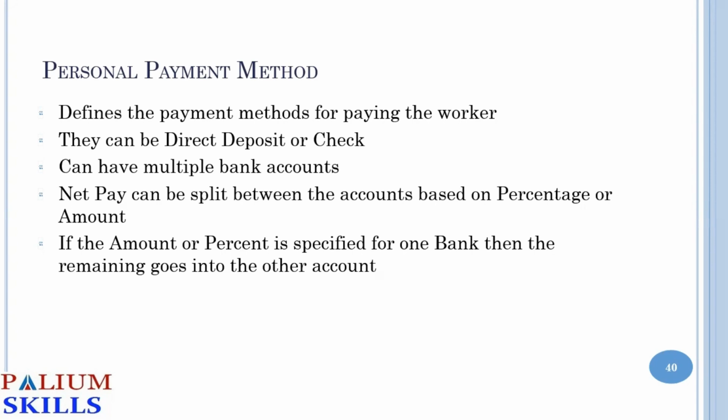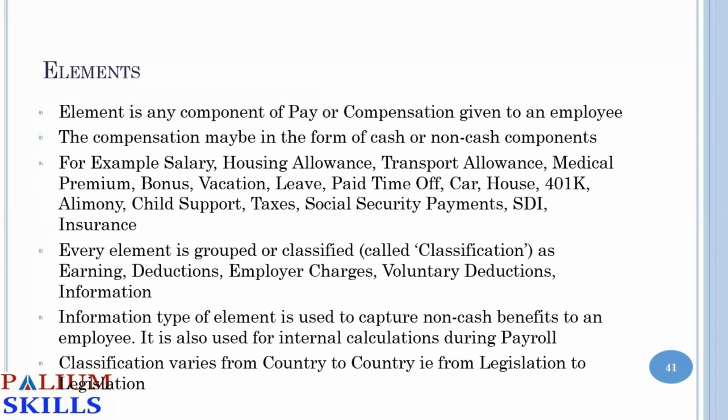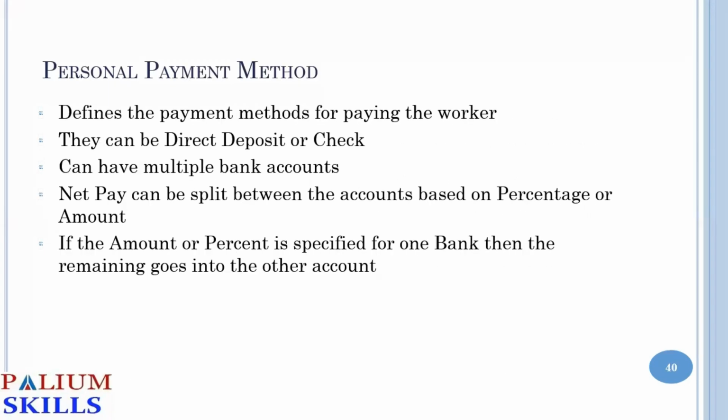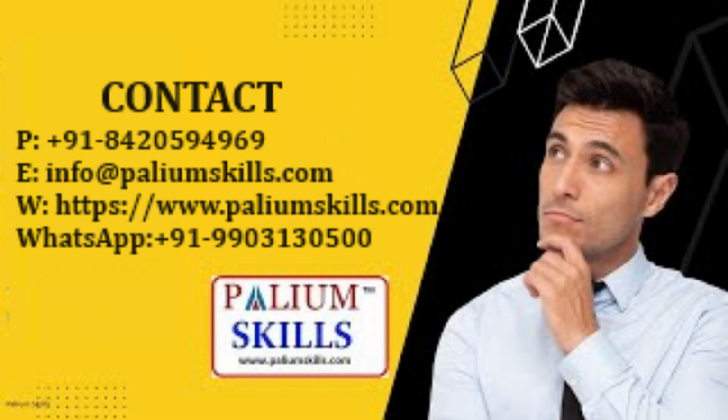The remaining amount, depending on how much I am earning, you pay into my Axis Bank account. Understood? So it can be one or more than one, depending on what your organization allows, that is, the company's policy. The system allows you to have more than one account.